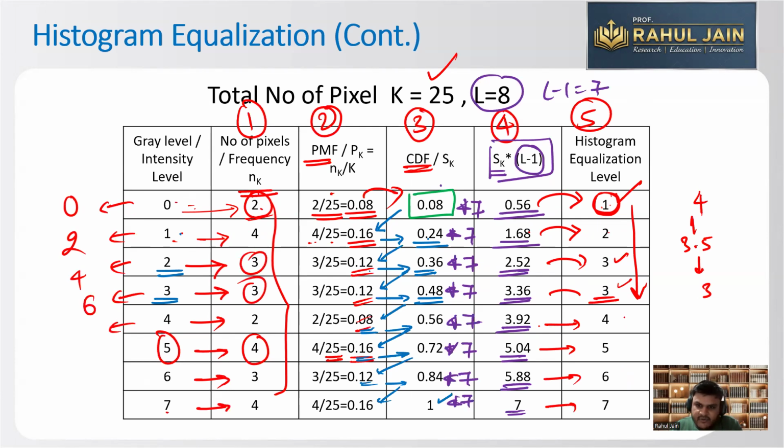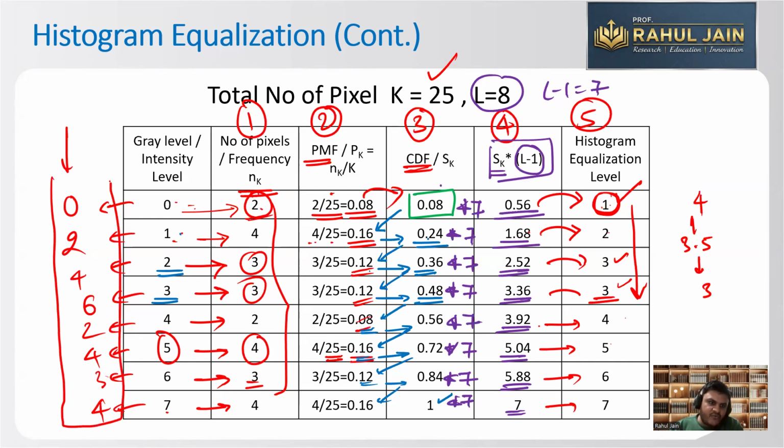For intensity level 4, only one level maps here, that is 2. For intensity level 5, 4. For intensity level 6, that is 3. And for intensity level 7, that is 4. So this data is the new frequency according to the histogram equalization levels, right?